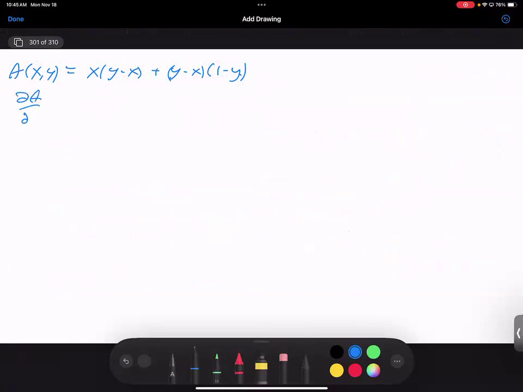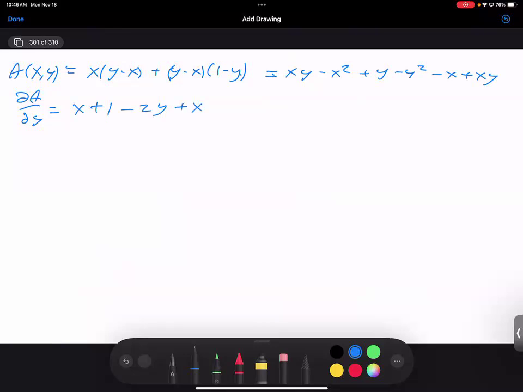dA/dy. So this is going to be xy minus x squared. Let's just expand everything out. Plus y minus y squared minus x plus xy. So dA/dy would be x plus 1 minus 2y plus x.